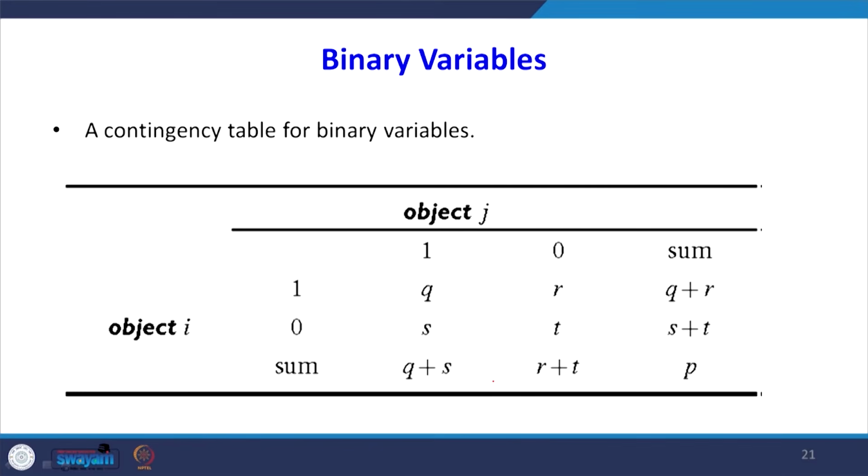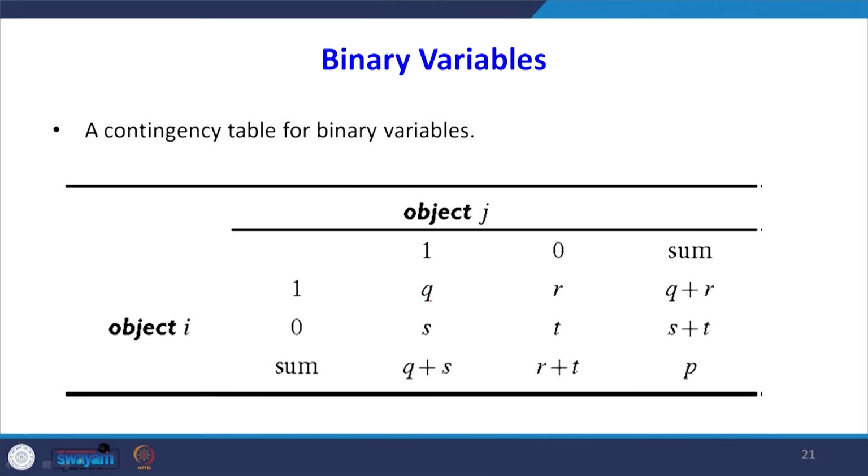Let us take a binary type variable. For that, let us find the similarity and dissimilarity. Suppose a contingency table for binary variables is given. Here there is an object i and object j. You see that object i is 1 or 0, there are two possibilities, and object j is also 1 or 0.